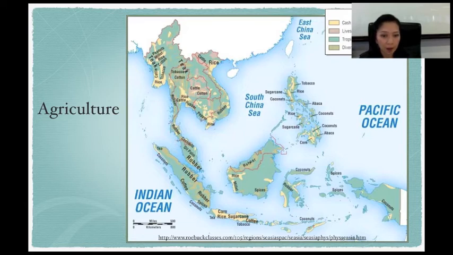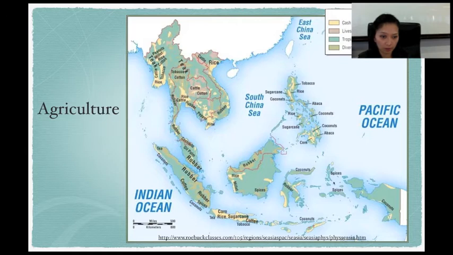There's rubber in this part of Malaysia as well. And why is there a lot of rubber here? Right. And also over here on Sumatra Island. Of course, there's some rice cultivation on Borneo Island in part of Indonesia. And here you go, there's some spices over here.